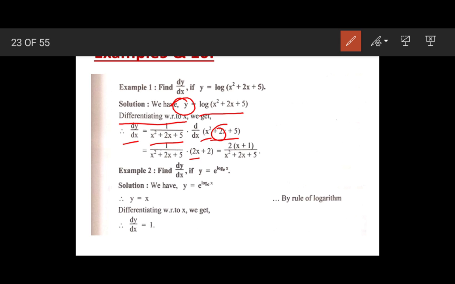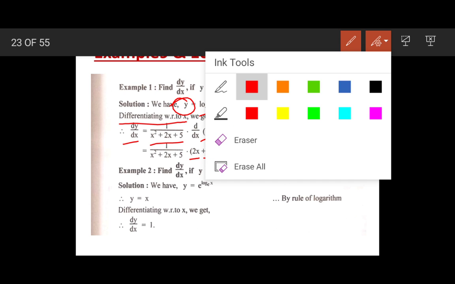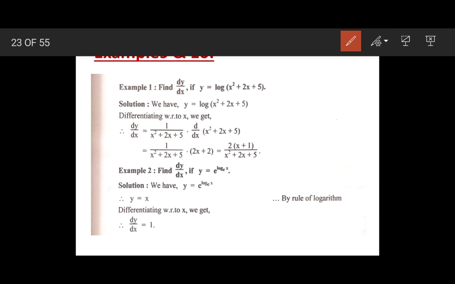The derivative of 2x is simply 2 and the derivative of 5 is 0, a constant, right? So the derivative of a constant is 0. So I am getting the derivative as 2x plus 2. Now take 2 common. So the final answer is 2 into x plus 1 upon x square plus 2x plus 5.